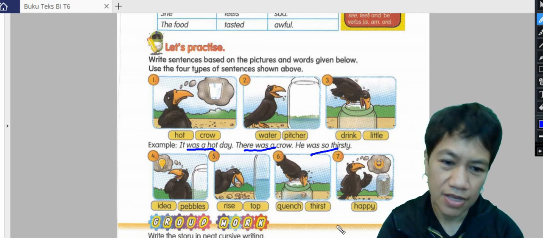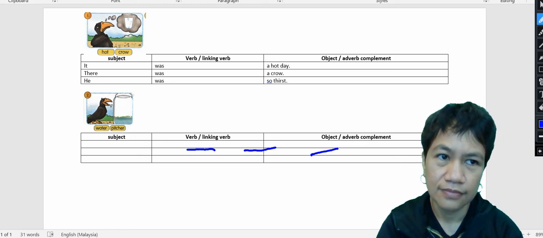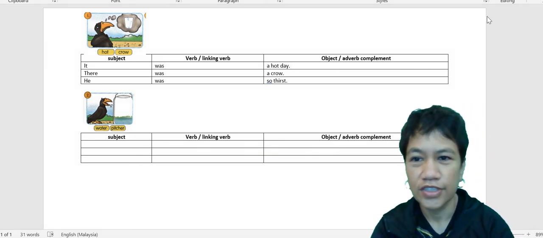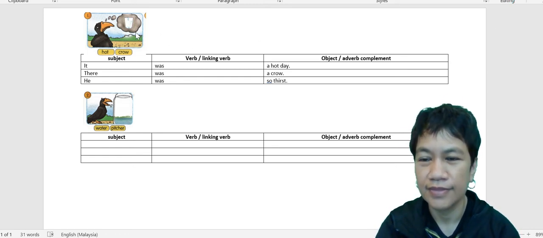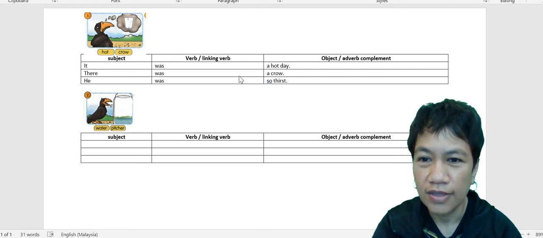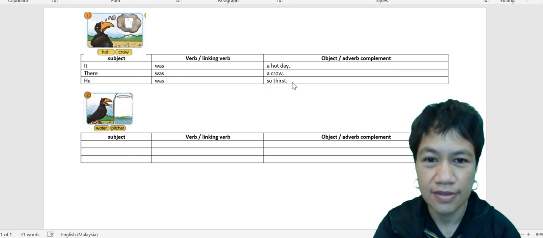Okay, I show you a template. So in your textbook, the first one has been given to you. This picture, number 1. It was a hot day. There was a crowd. He was so thirsty.